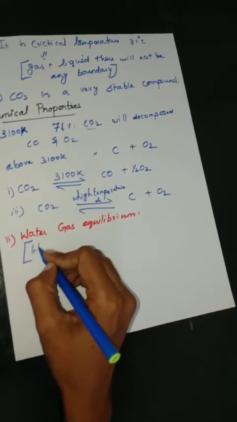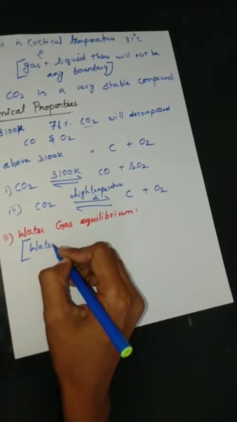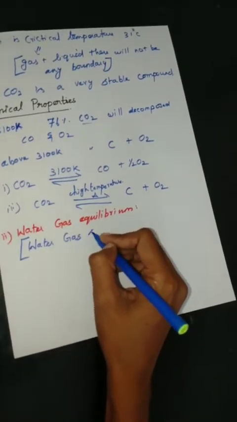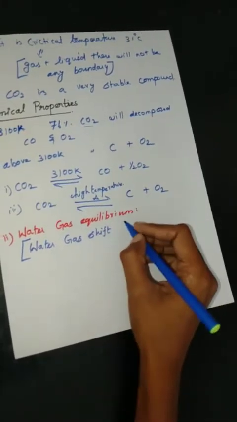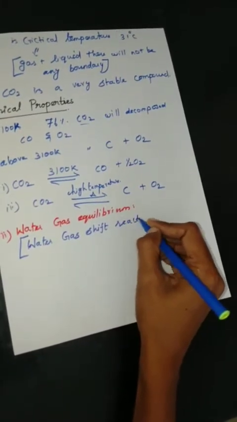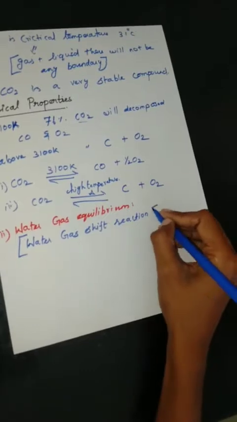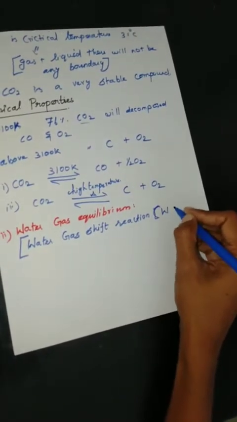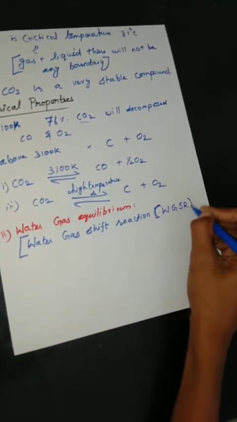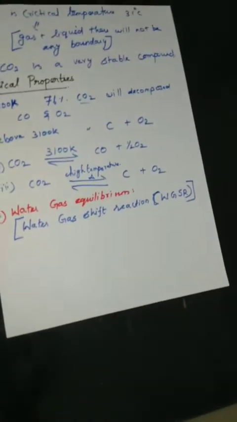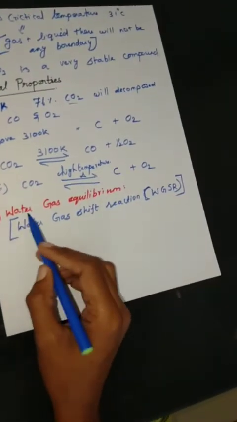If we abbreviate it, it is called WGSR, so students will be able to understand.